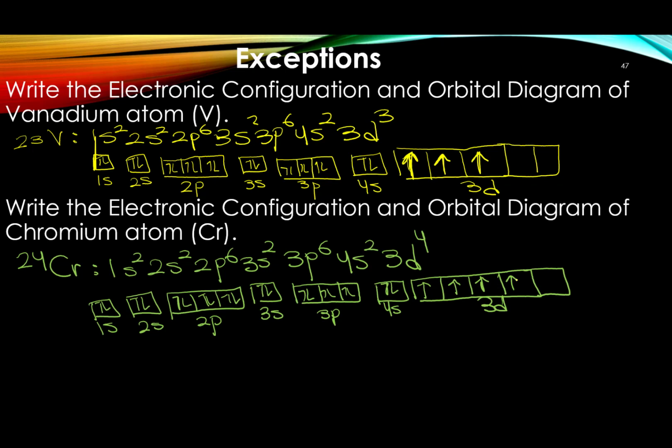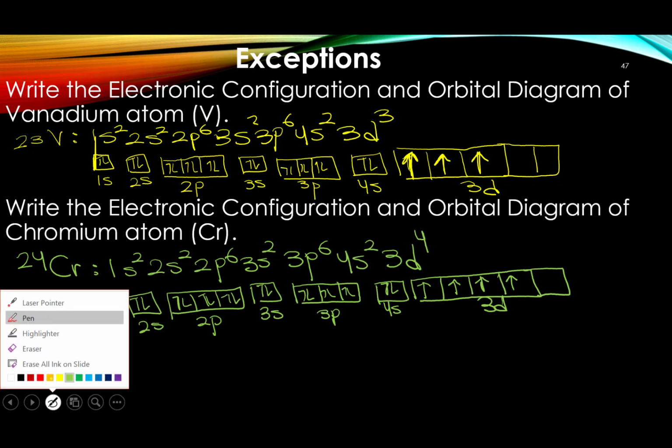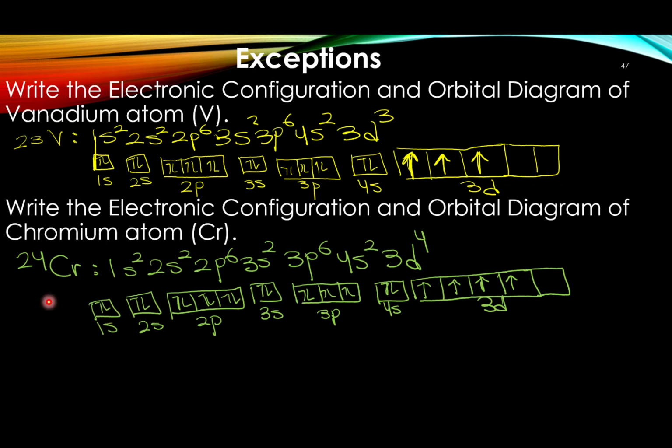Okay. Now, if you look here, chromium, if it would have one more electron, it would have had a half full 3d subshell. Okay, then what's the exception about?